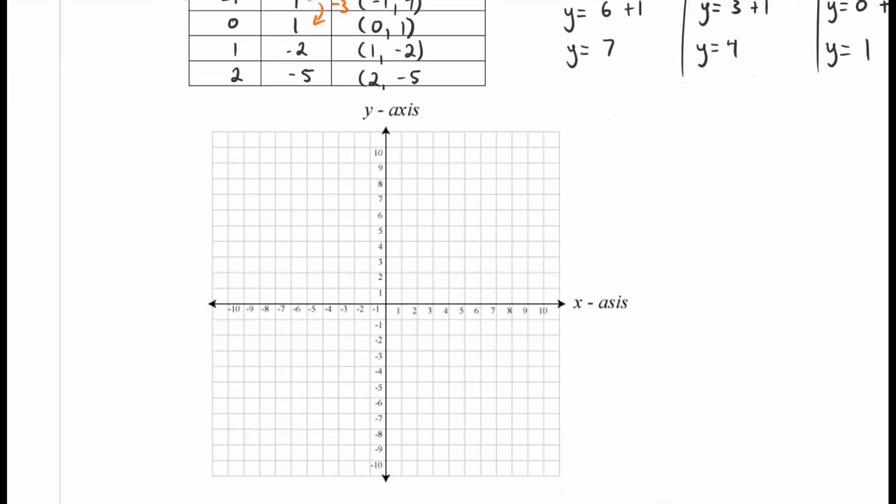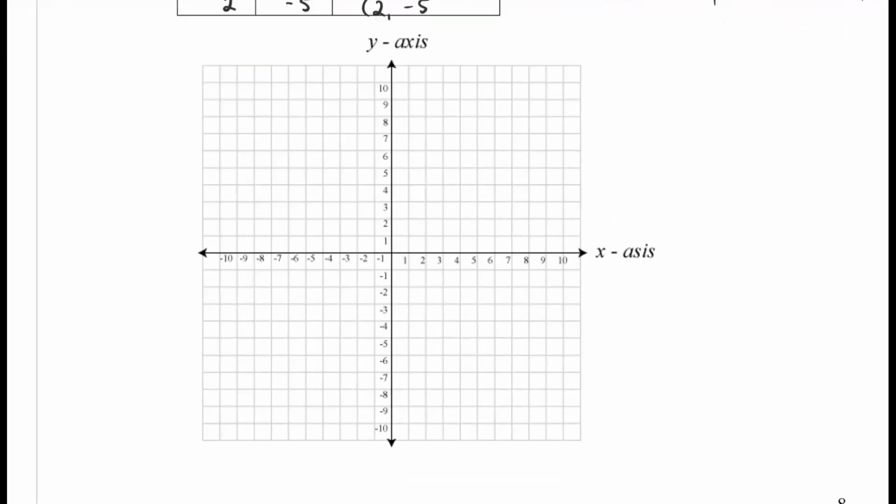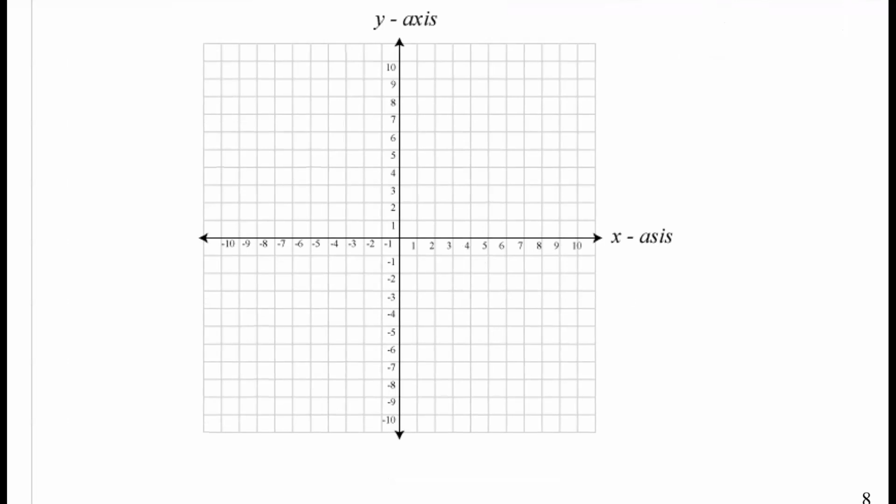So what I want you to do now is fill this graph in on your own, and I want you to look back at the notes that I posted to double check that you've graphed it correctly. I'll give you time to do that now, pause the video, and then go over and check that you end up with the same graph as I do.